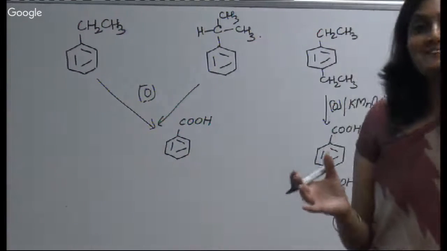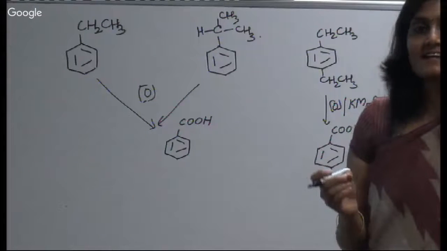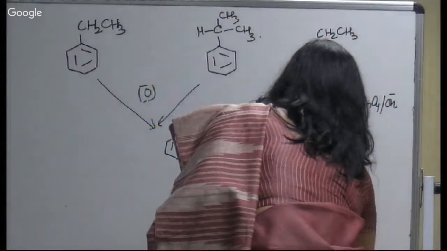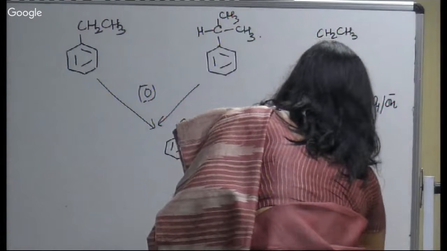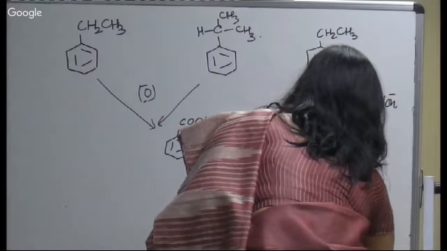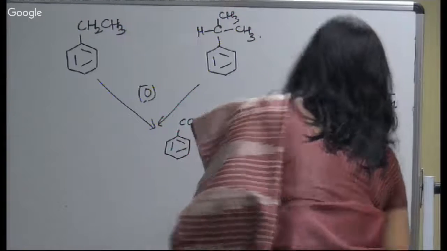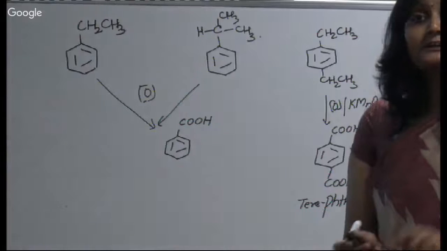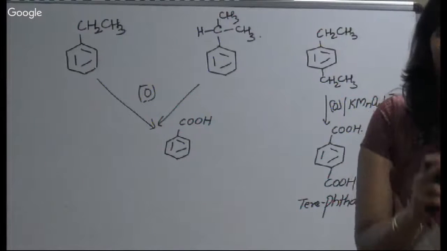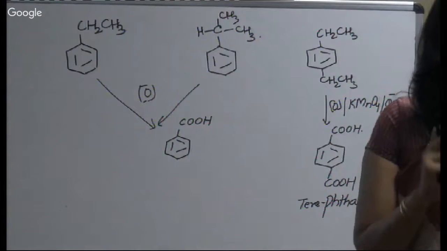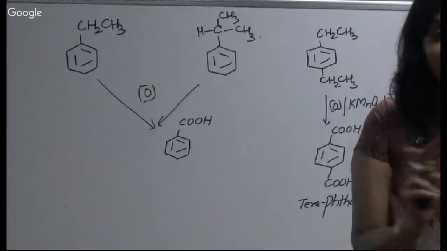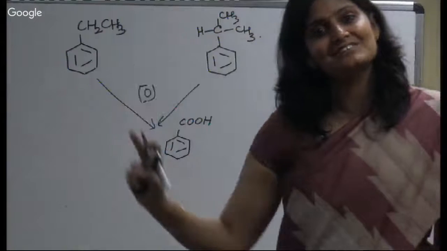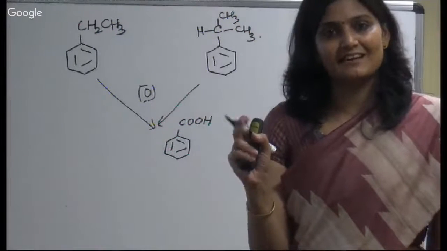This compound is commonly known as terephthalic acid. All right. So I told you that depending upon the number of carboxylic groups that you get bound to the benzene ring on oxidation, you can relate it to the number of side chains which are attached to the benzene ring, right?